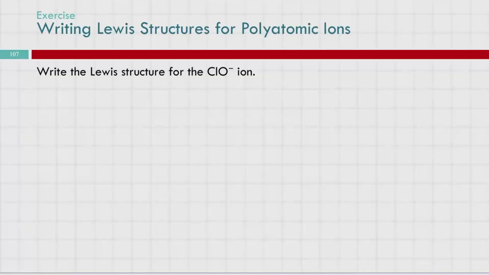Starting off with our skeletal structure, chlorine, oxygen. Just get them out there. And then we need our valence electron count. Chlorine contributes 7 electrons. We've only got 1 of them. Oxygen contributes 6 electrons because they're in the 7A.